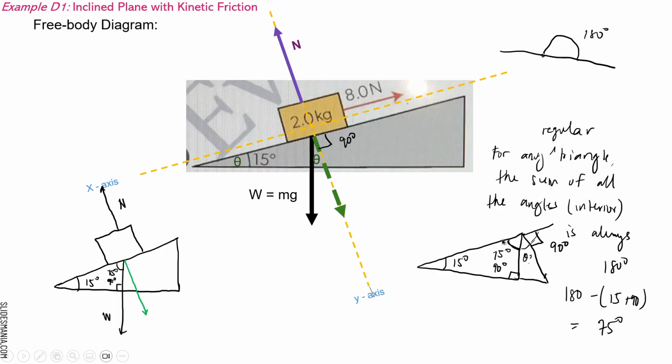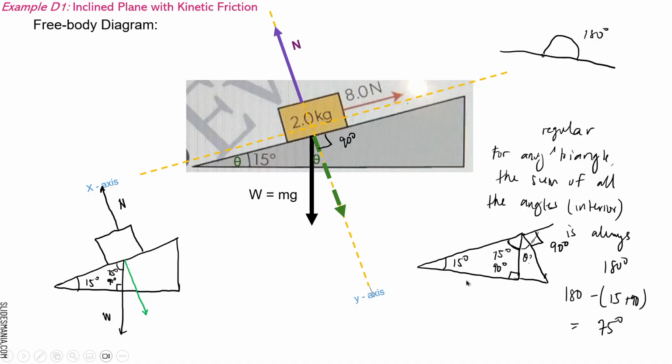Because if a line has an angle of 180 degrees, then if we add this angle of 75, this unknown angle, and this 90-degree angle, we should get 180. Based on our calculations, that is 15 degrees, because these two angles are also the same angles that are involved in this triangle.